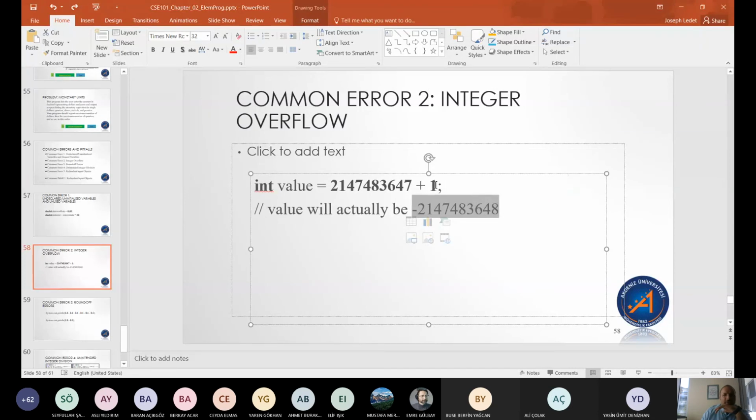I'm sure you would not like it if you had this much money in the bank, you added some money to it, and suddenly you had a huge debt. I don't think many bank customers would. So it's a common error: if we're going to have something this size, we need to make it a long instead of an int.